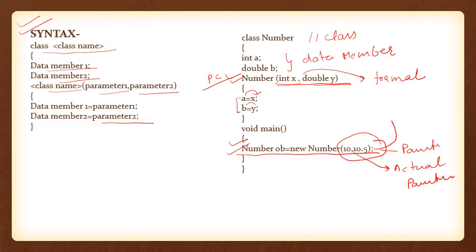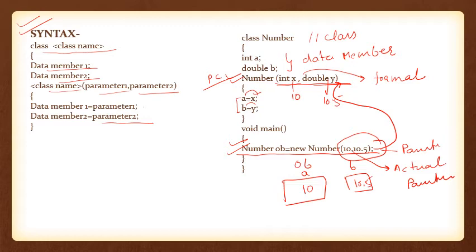Whenever we call it, the control moves to the function definition. The value 10 is copied into x and 10.5 is copied into y. Then for object OB, A is here and B is here. In A the value is 10 and in B the value is 10.5.